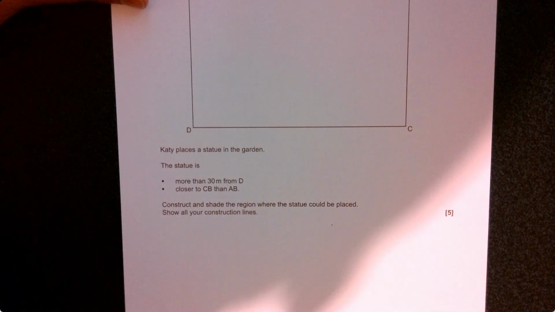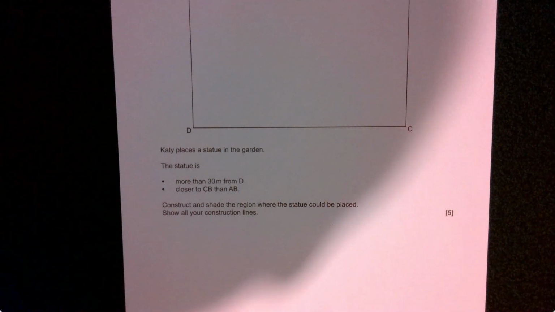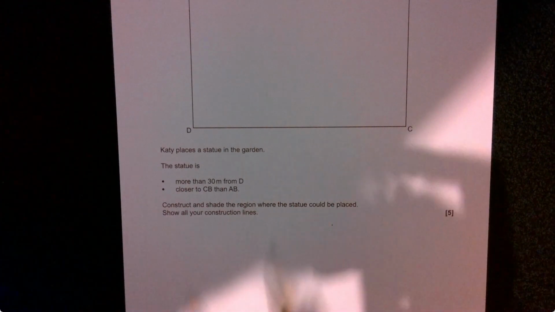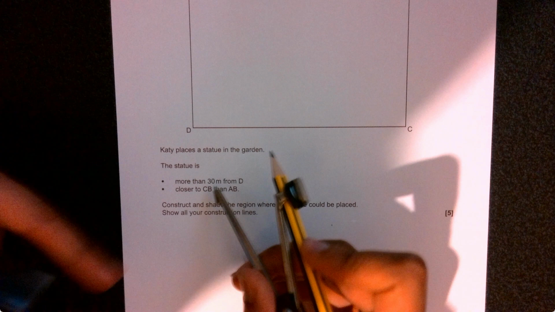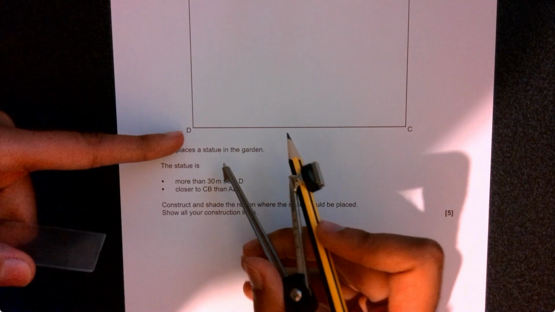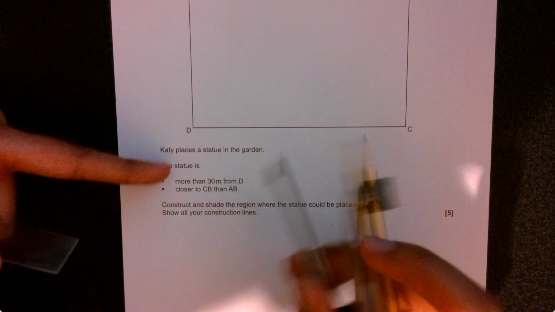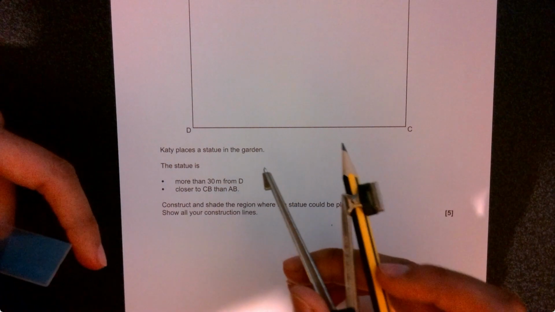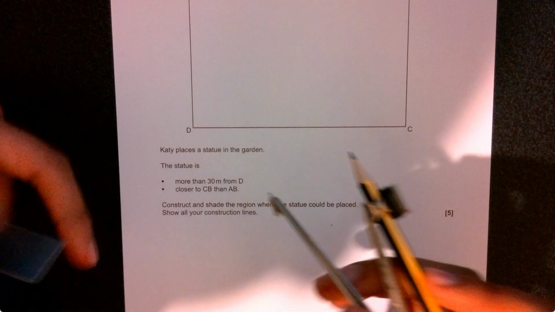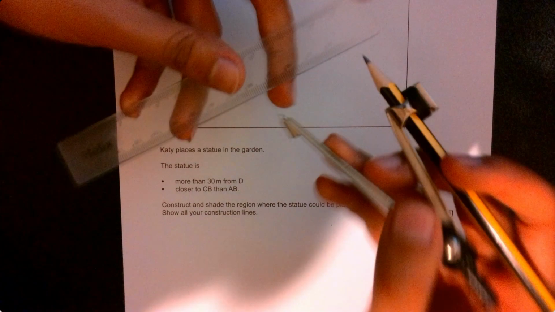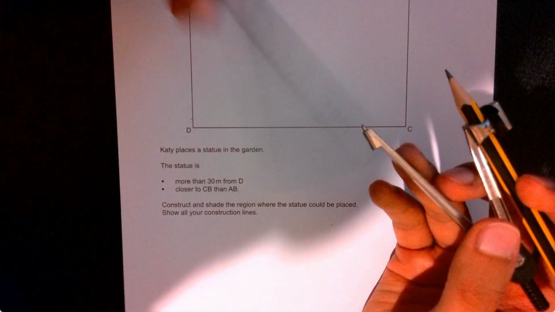So, the first thing we need to do is draw an arc from the point D. Now, we've got 30 metres from D, and if I use the scale 1 centimetre represents 5 metres, then my arc needs to have a radius of 6.